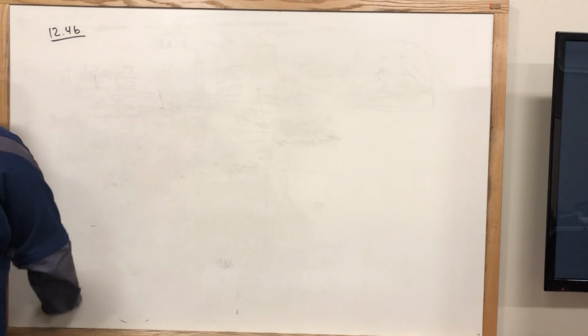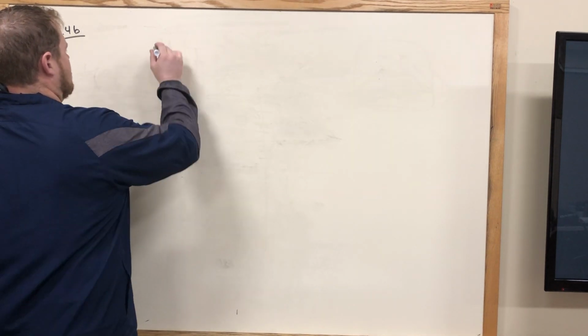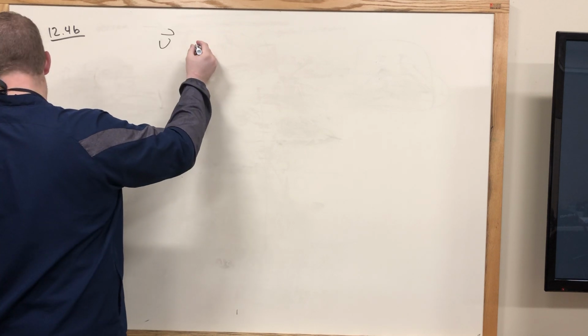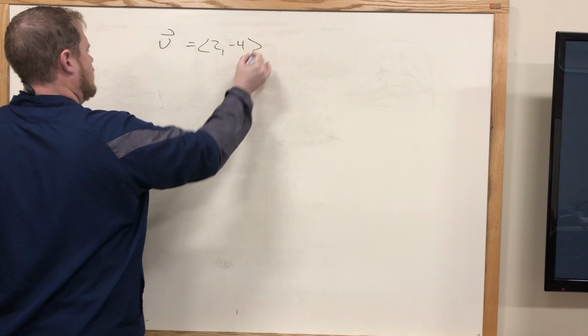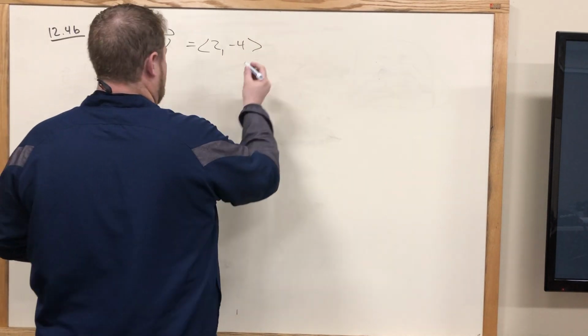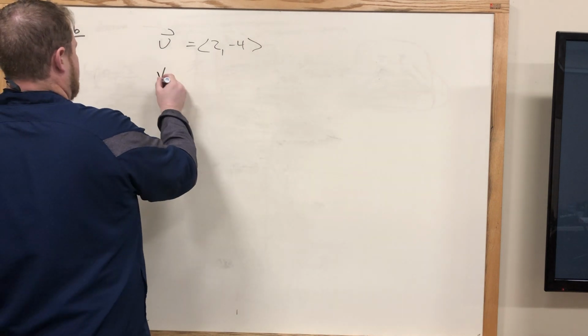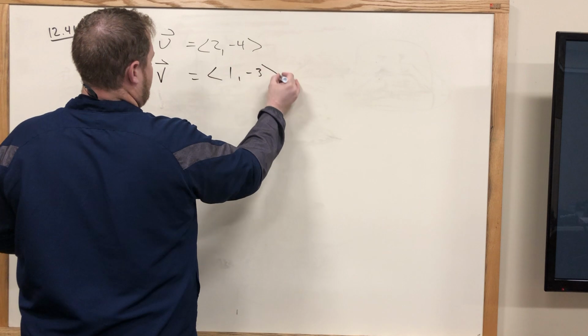So here's an example. Given we have our u, 2, -4, and v is 1, -3.